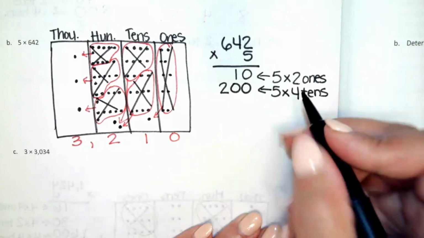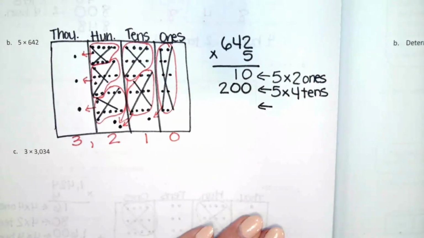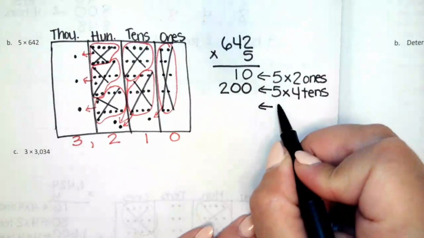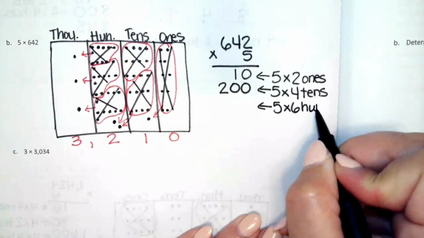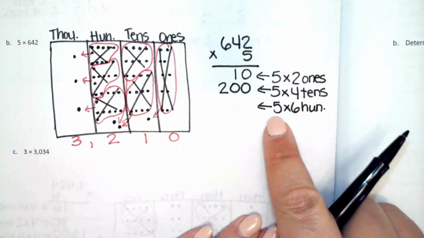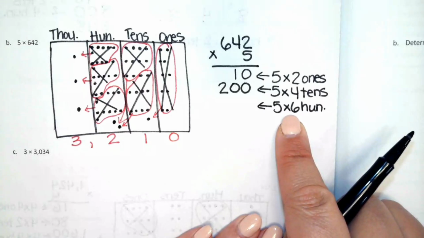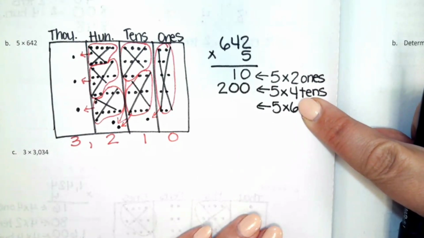Now what's the third step? See if you can label it. 5 times 6 hundreds. What is 5 times 6 hundreds? 5 times 6 equals 30.